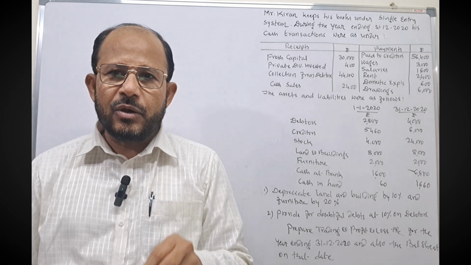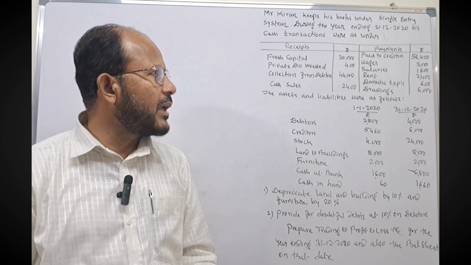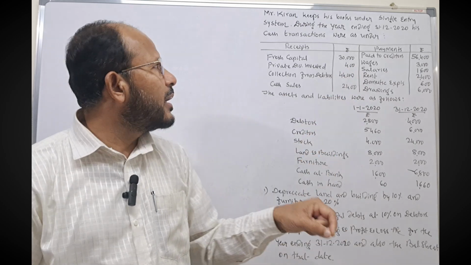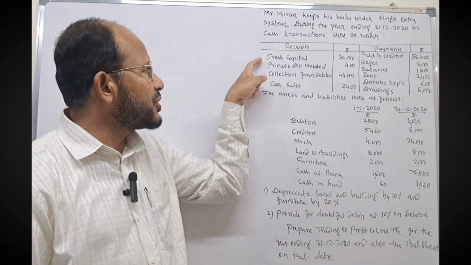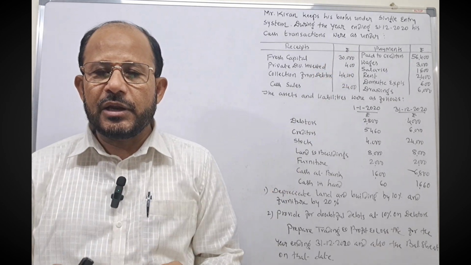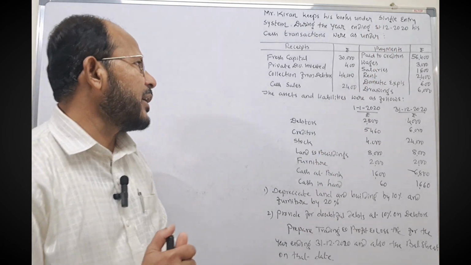But what he has done now is invested the same amount in his business. Because of that, even this rupees 400 should be treated as additional capital. Hence, this is to be added to the fresh capital. It comes to how much now? 30,400 is the additional capital invested by Mr. Kiran during the year 2020.